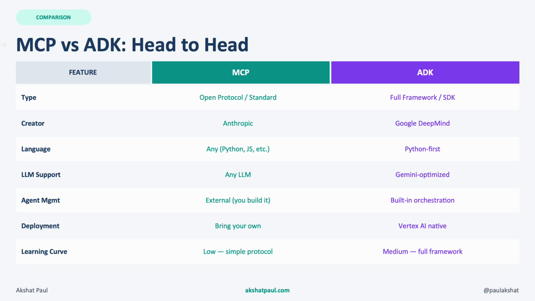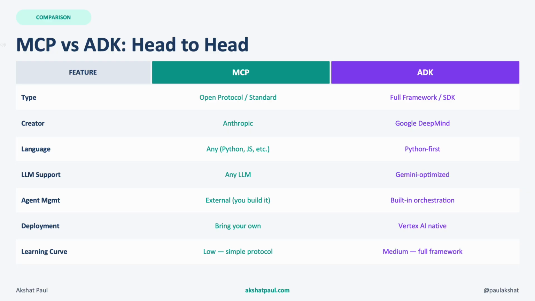Language support. MCP is language agnostic. You can build MCP servers in Python, JavaScript, Go, whatever you want. ADK is Python first, though TypeScript support is growing. LLM support. MCP works with any LLM. ADK is technically model agnostic too, but it's clearly optimized for Google's Gemini models.